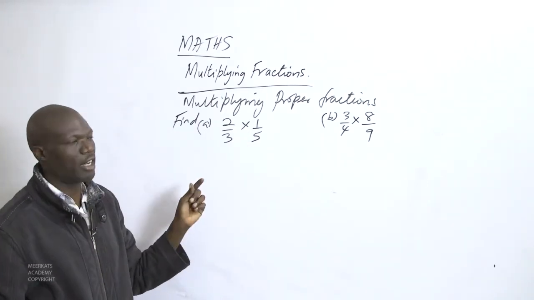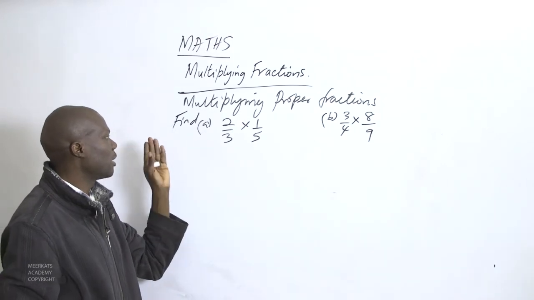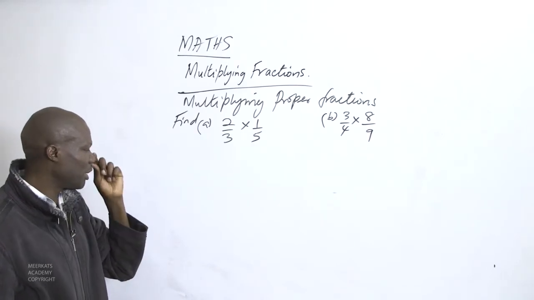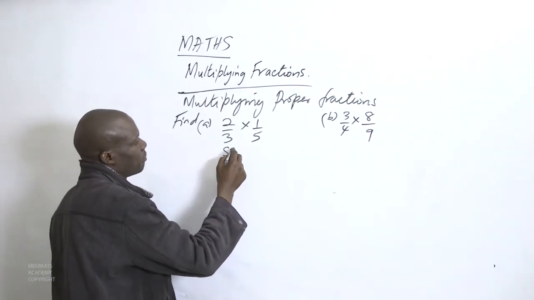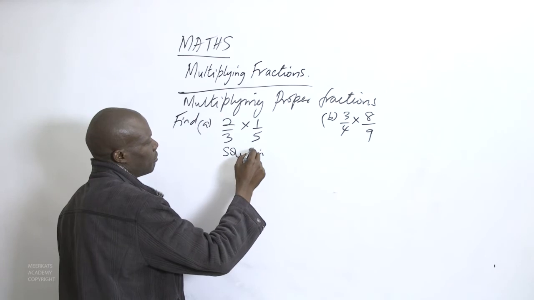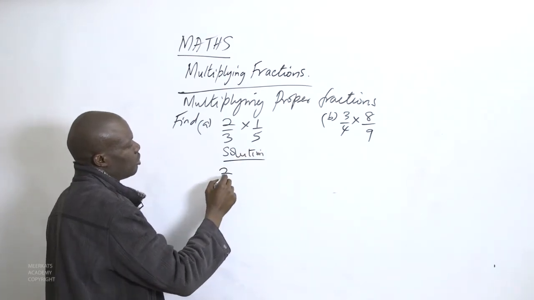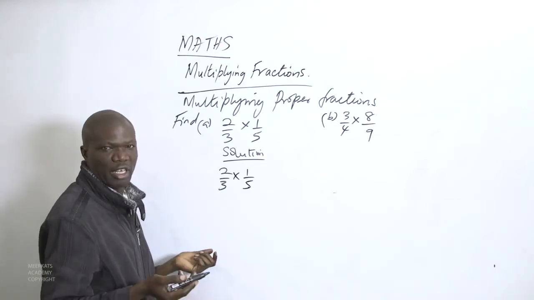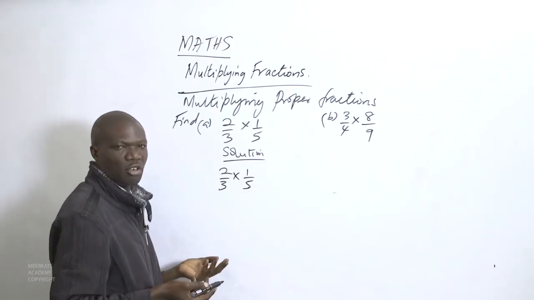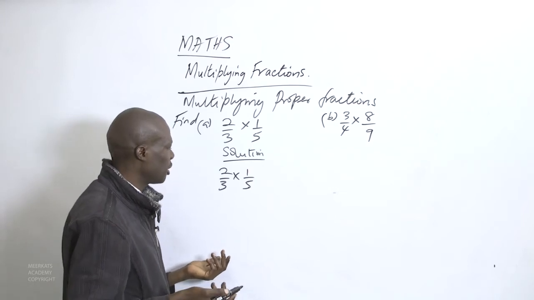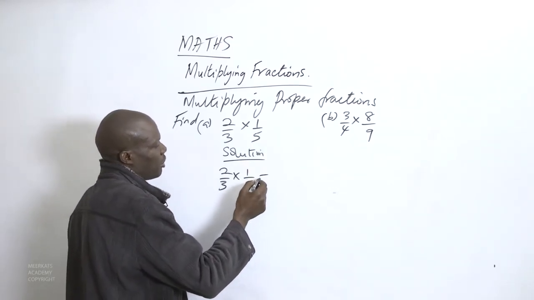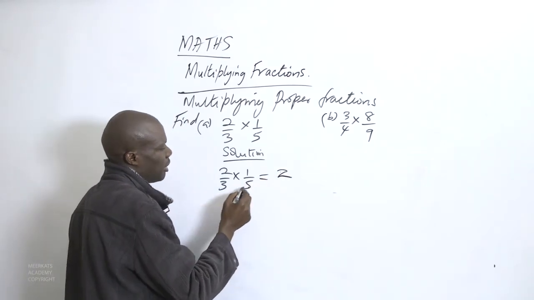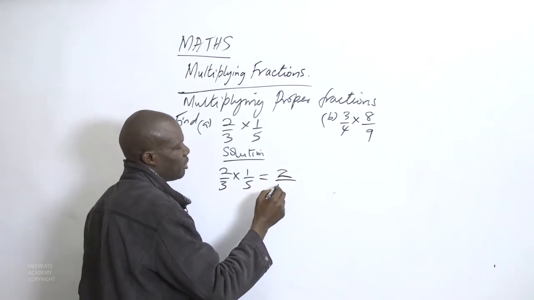So question A asks us, find 2 over 3 times 1 over 5. In our solution, 2 over 3 multiplied by 1 over 5. We look at it, if there is any place horizontally or vertically where we can cancel, we cancel, but if not, we simply multiply the numerator 2 times 1, which gives us 2, and the denominator 3 times 5, which gives us 15.